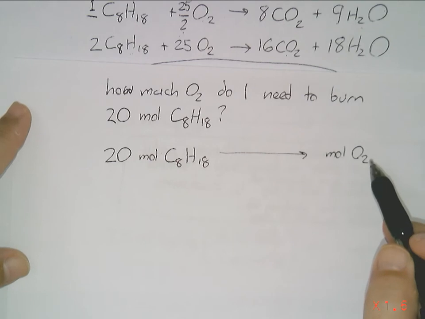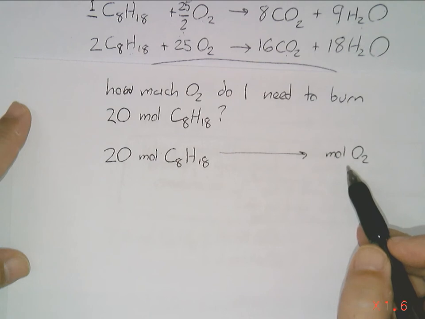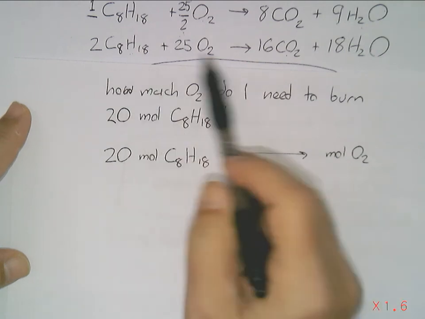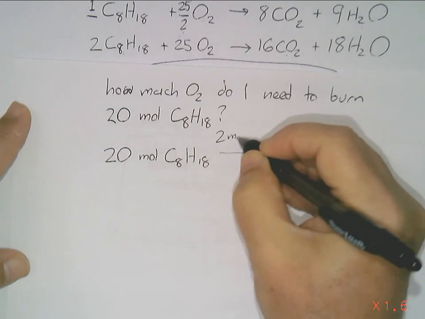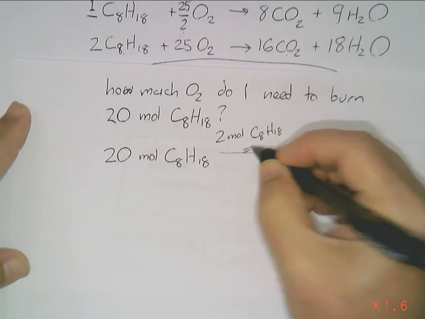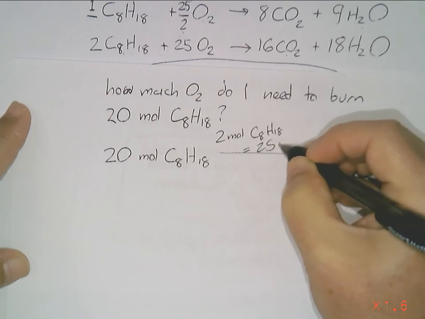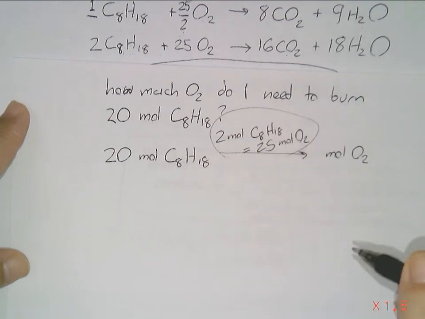So what I really need is a balanced chemical equation that involves both of these substances. Here it is. This equation tells me 2 moles of C8H18 is equivalent to 25 moles of O2. That's the link.